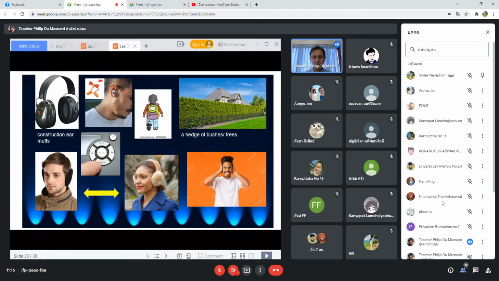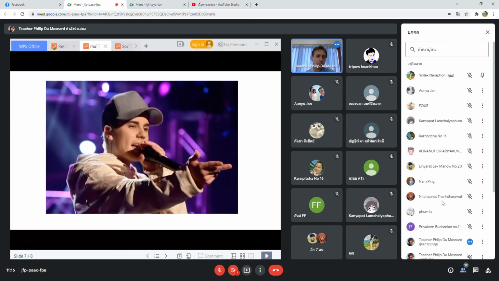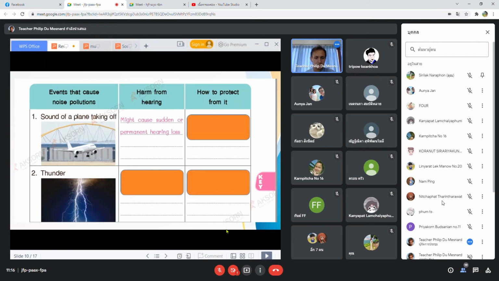These are the things you can do to protect your ears. You can walk away, you can put in earplugs, you can put on earmuffs. This is also earmuffs. Or you can just cover your ears. These are some of the things you can do to protect your hearing. Okay, let's go back to the same one.